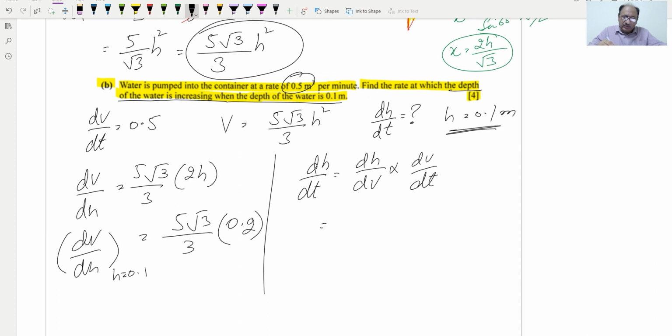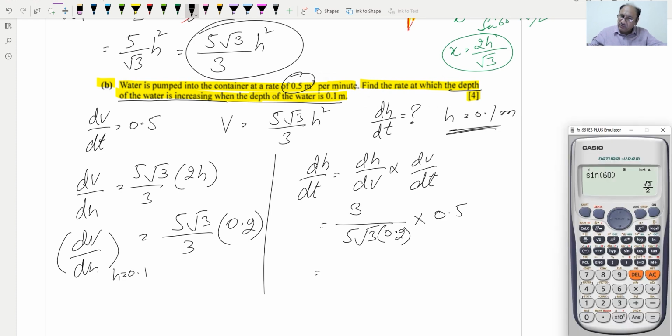So it will be 3 over 5 root 3 into 0.2 as denominator, and dv over dt is this one which is given, 0.5, and we can find this.